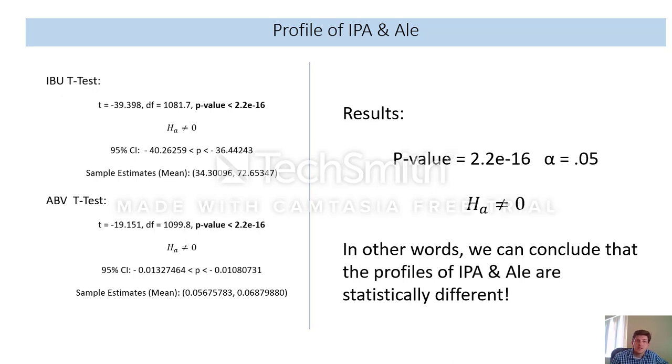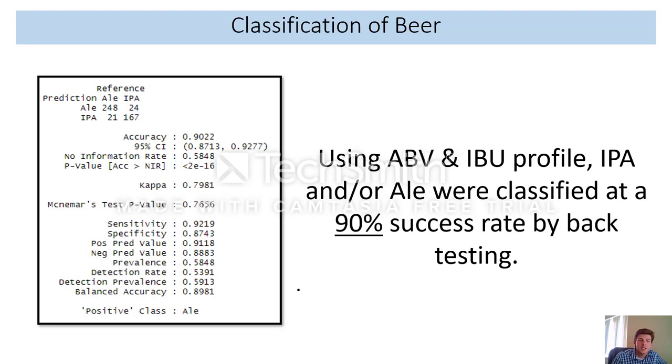What this means is that statistically these beers are different, and we have further confirmation that we can classify these beers as two different things. We then used a KNN test, which is clustering, and we back tested it within the data set, and we were able to successfully identify if a beer was an ale or an IPA with a 90% accuracy rate.